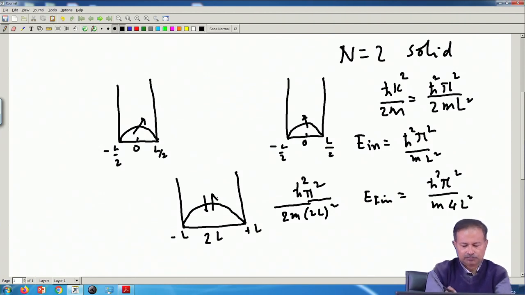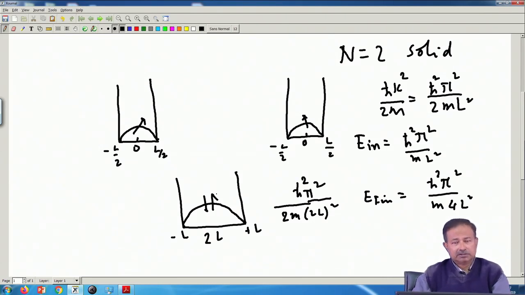So, when the 2 fermions form a wave function of this kind, you have to antisymmetrize it, and since the orbital part is symmetric, the spin part has to be antisymmetric. So, it is a singlet. Nevertheless, the point that I meant was that there is a gain in energy in doing this.